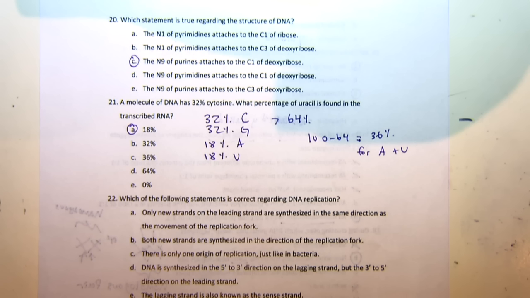If it was asking for percentage uracil in DNA, it would be 0, because we know that DNA doesn't have uracil. DNA has thymine instead, RNA has uracil. With RNA you can calculate it because RNA does have uracil, whereas DNA does not.